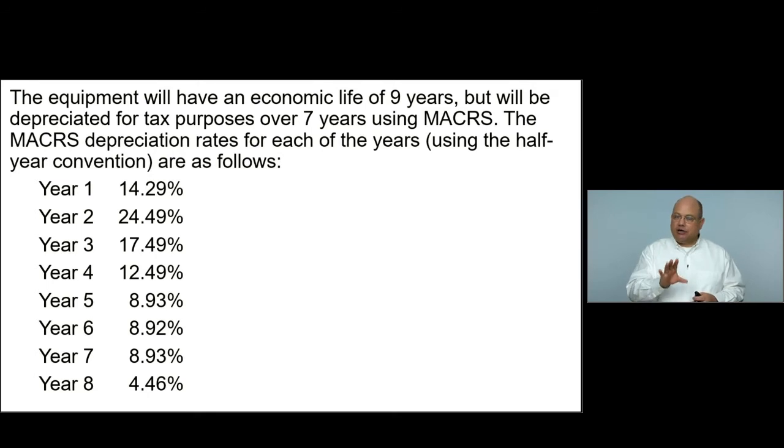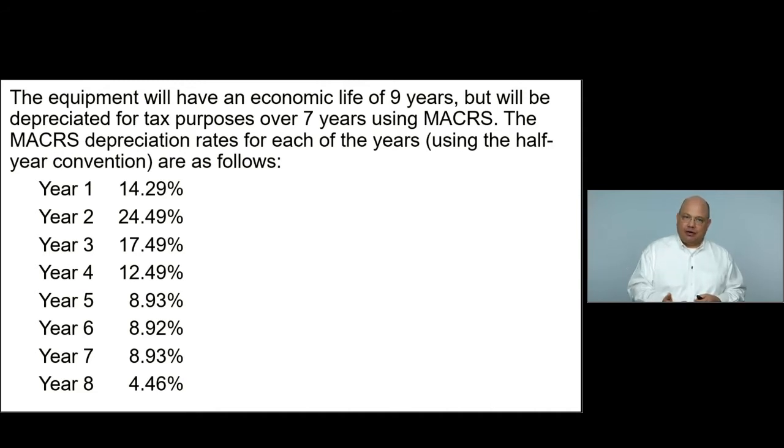A couple of comments here. Remember, with U.S. tax depreciation, salvage value is not taken into account. So at the end of the depreciation, the book value, the tax basis for the asset is going to be 0. It has a 7-year useful life, and we have 8 years of depreciation here. That is because MACRS uses, as it says, the half-year convention.